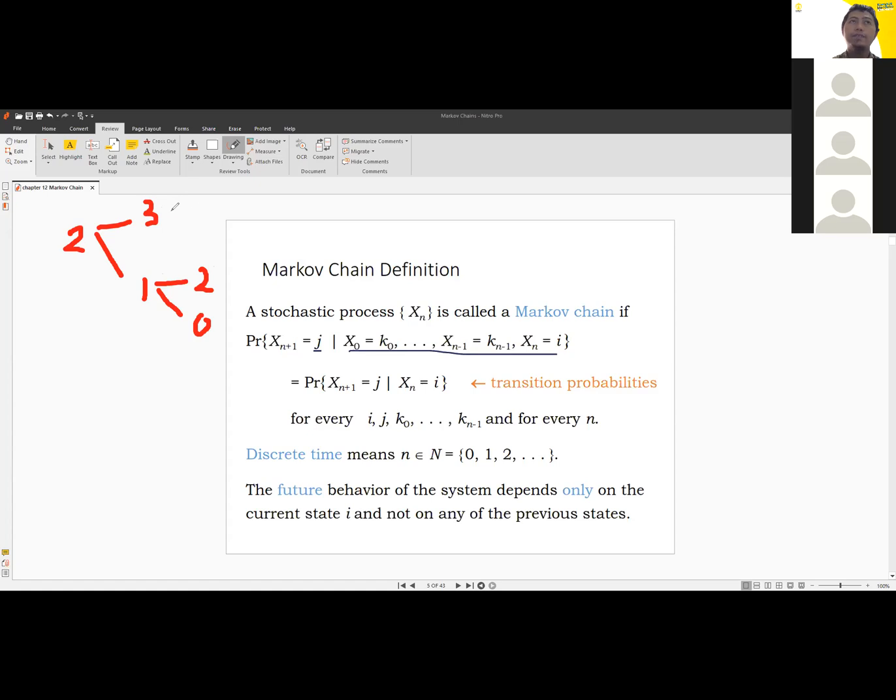In this case, if I win I get $4, and if I lose I get $2, and so on.